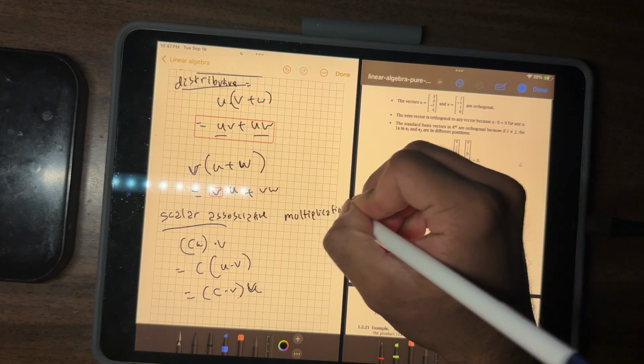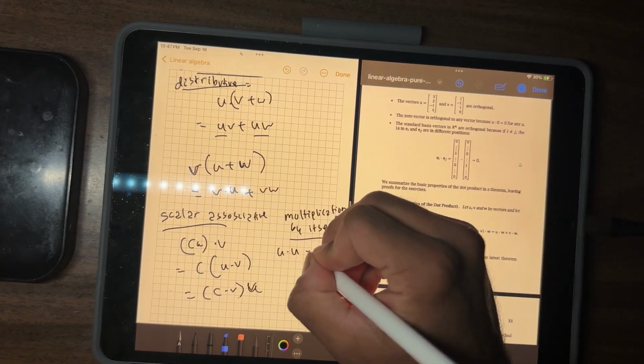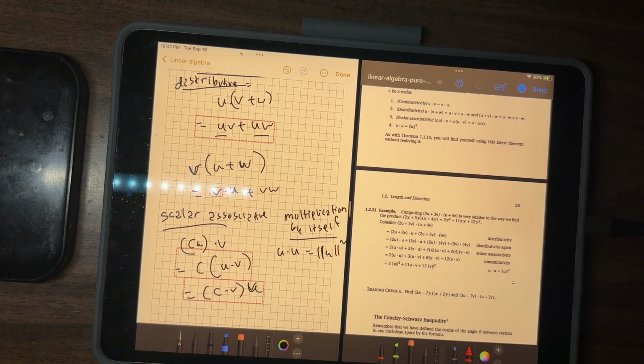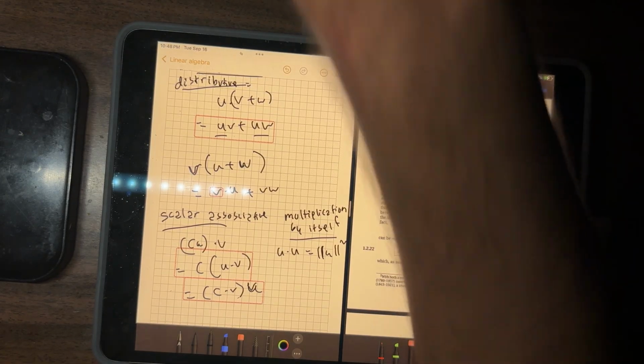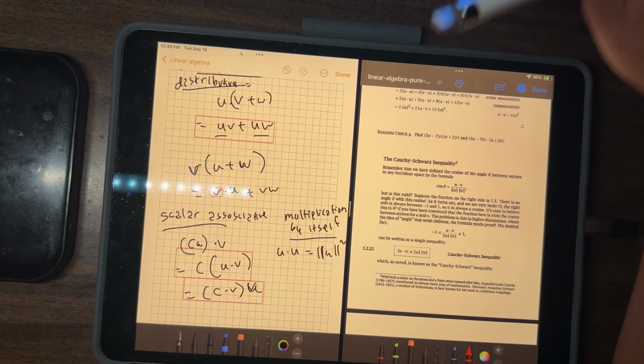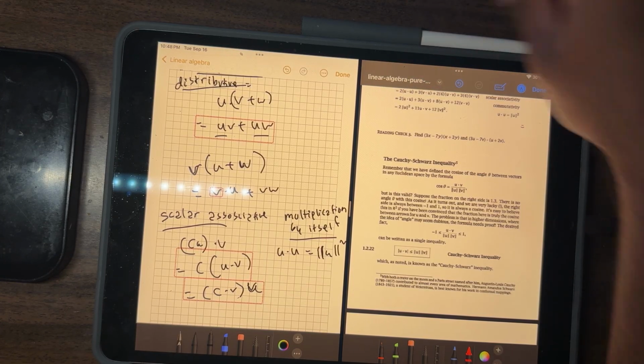So v dot v, or u dot u, which is the magnitude of u squared. I think we finished completely.